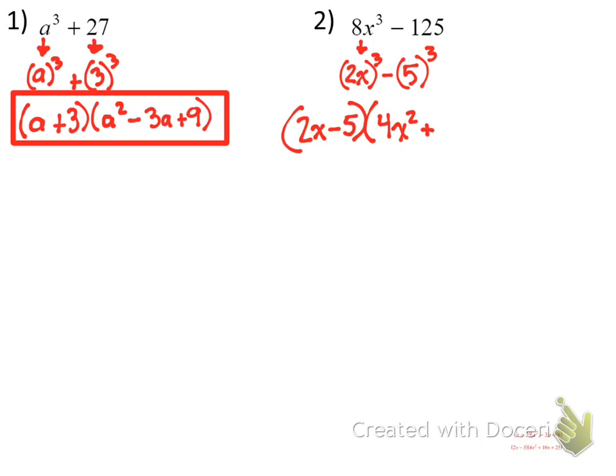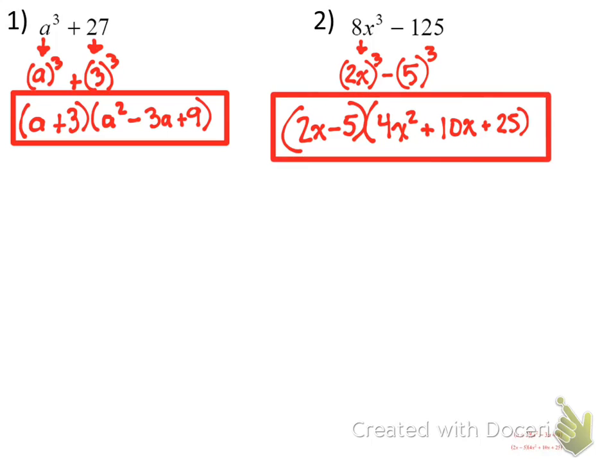A times b, 2x times 5 is 10x. Then we use a plus sign again. B squared is 5 squared, which is 25. That's it. We've just factored out this difference of cubes. Okay, so this is 1 and 2.